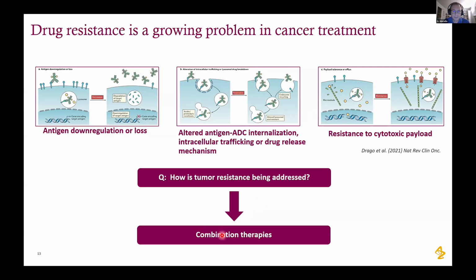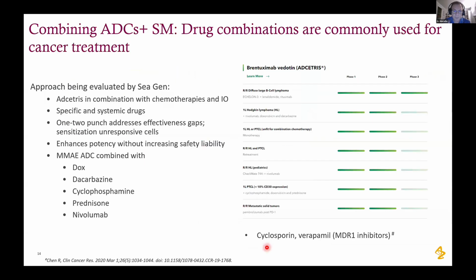And that is, we are treating tumors with combination therapies. So I have one really good example here. This is a treatment from Seattle Genetics, who developed an ADC called Adcetris. This is a CD30 targeted ADC that on its own is very efficacious and performs really, really well.